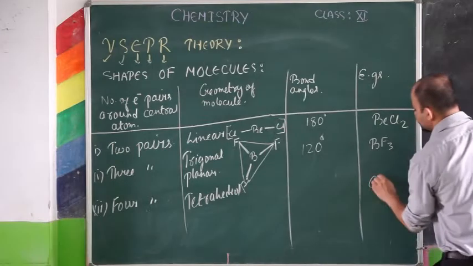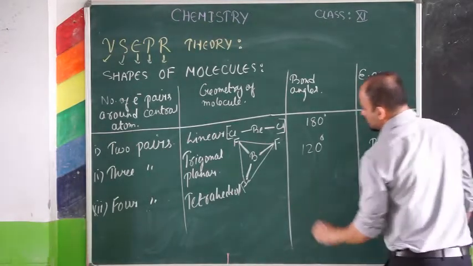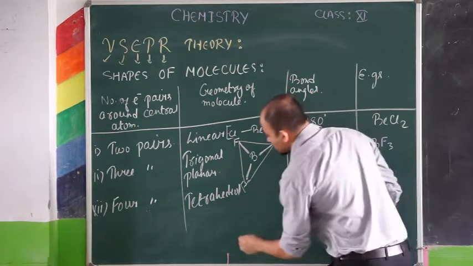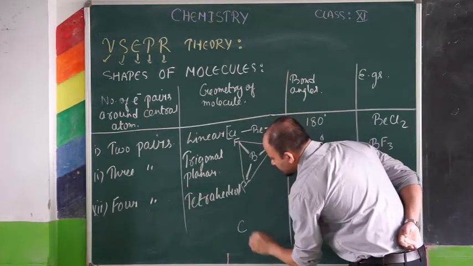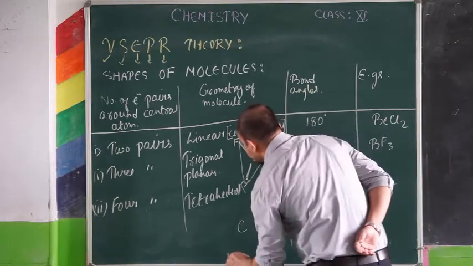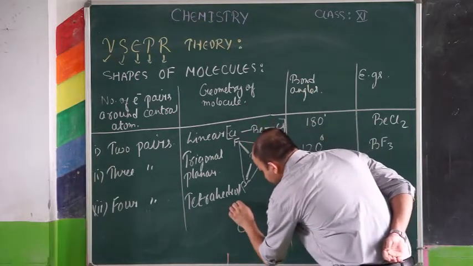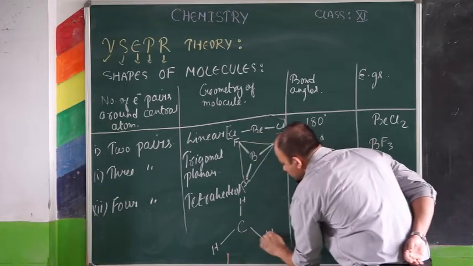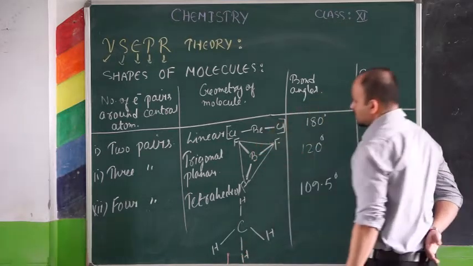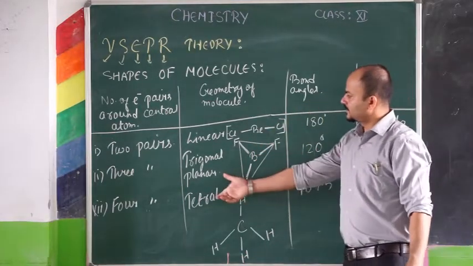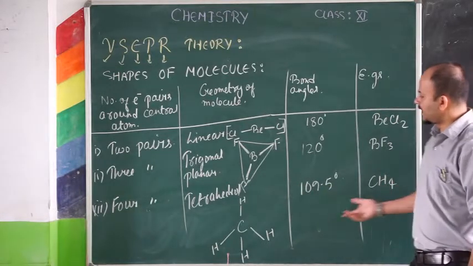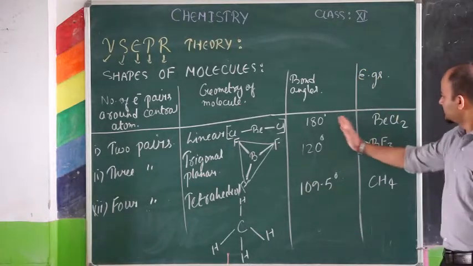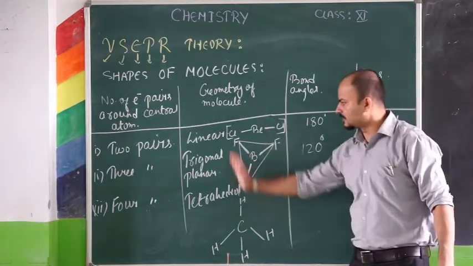The example is CH4, the methane molecule. The bond angle will be 109.5 degrees, and its structure has hydrogen, hydrogen, hydrogen, and hydrogen around carbon. You have to remember these points. Here you can see that there is no lone pair. If lone pair is absent, then you will have this geometry.